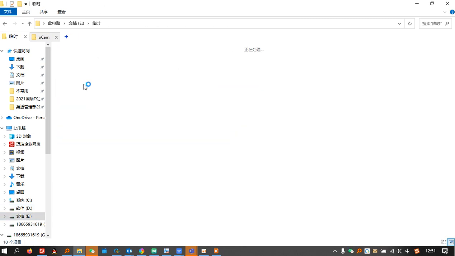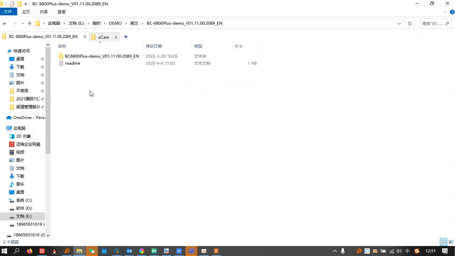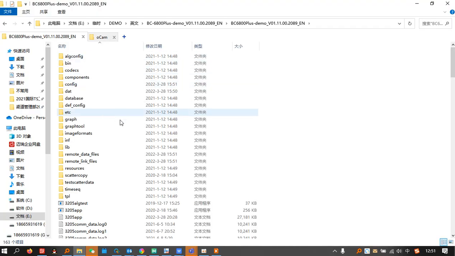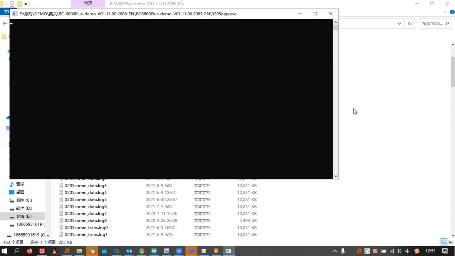Let me open the demo. For the BC6800 plus, we should make some adjustments in the software and replace the loader, and that's all. No, in fact, we don't.